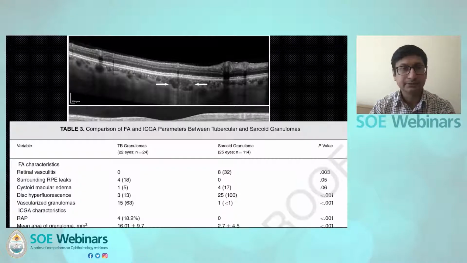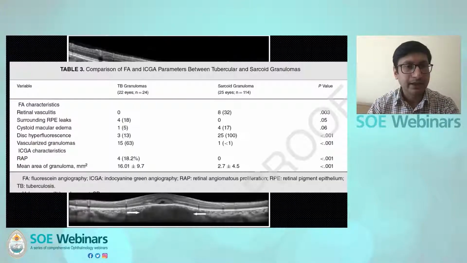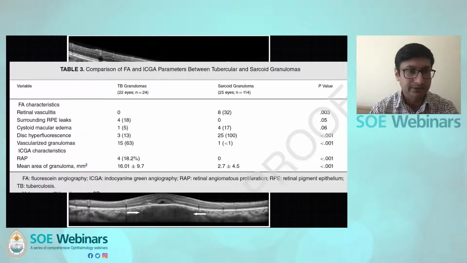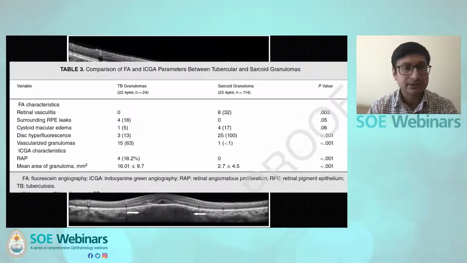The exudation is much less compared to TB. And you can see here that the comparison shows you that the vascularization of the choroidal granuloma is much more in TB compared to sarcoidosis. The mean area of granuloma is so different. TB granulomas are large, they're more than 16 millimeters, but sarcoid ones are quite small.